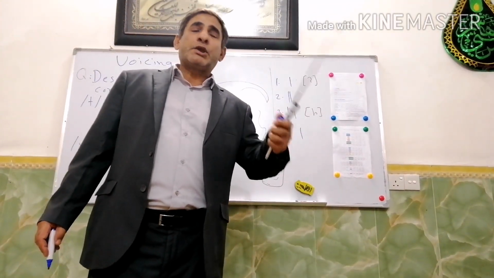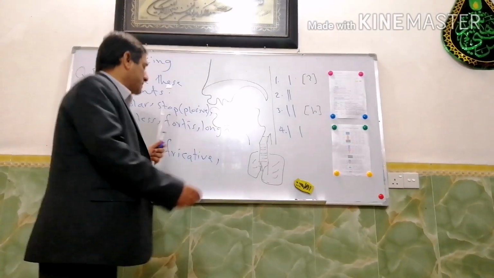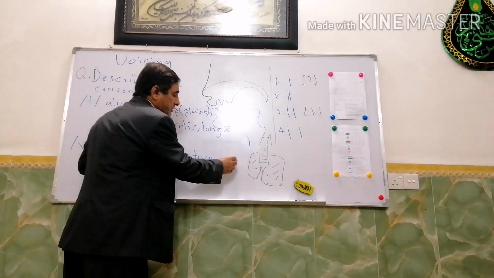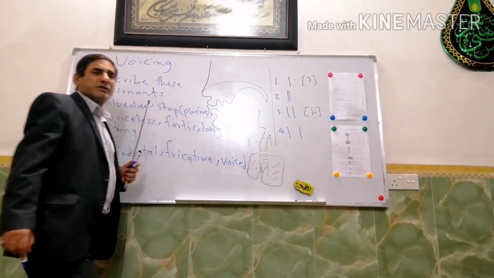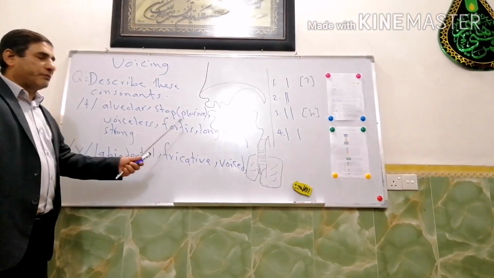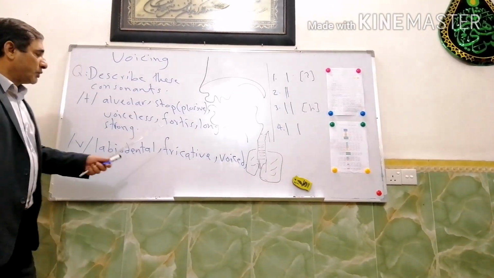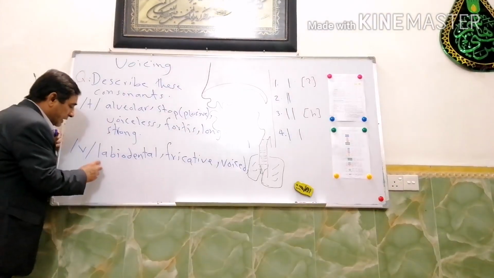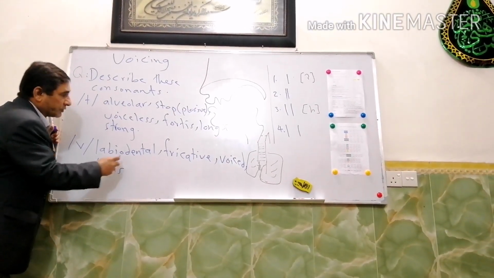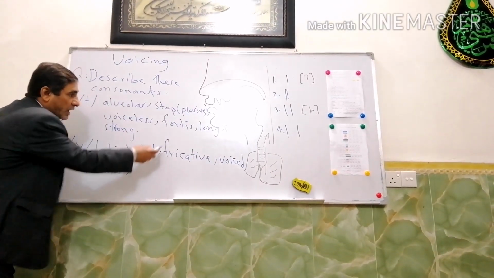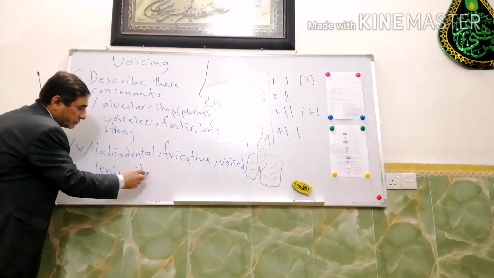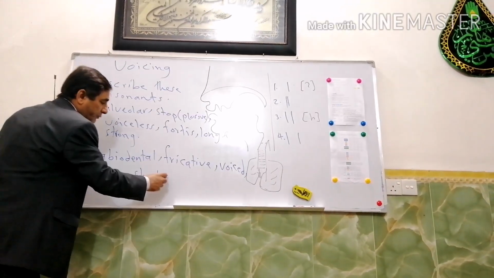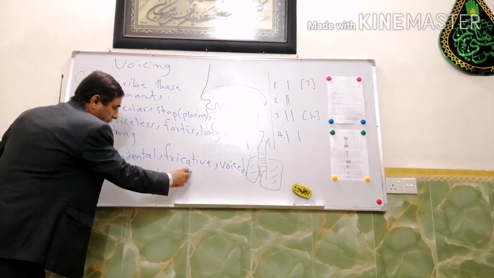Is it voiceless or voiced? It is voiced. And because it is voiced, the other factors are very easy here. We have to say that it is lenis, with low intensity of muscles, short, and weak.